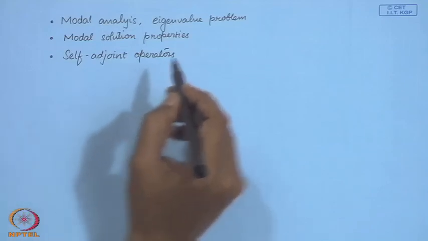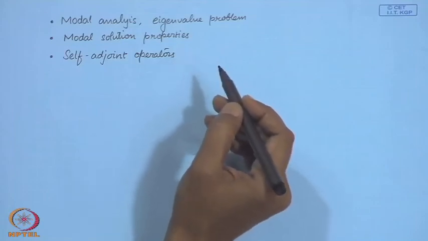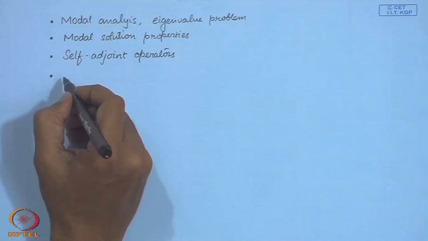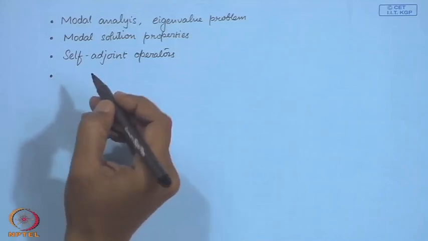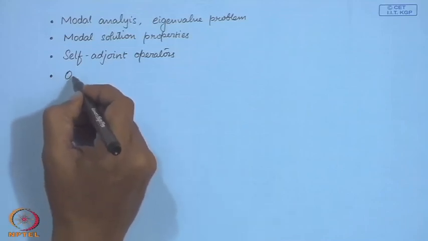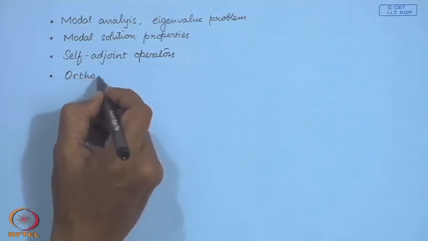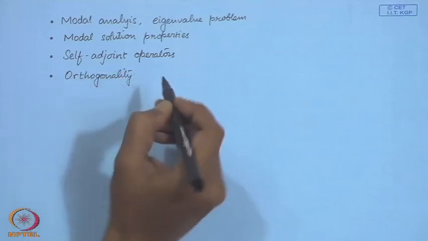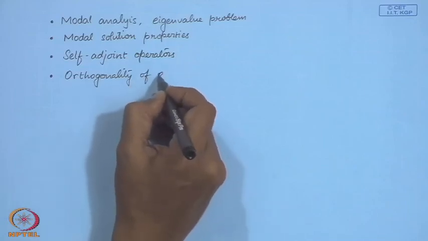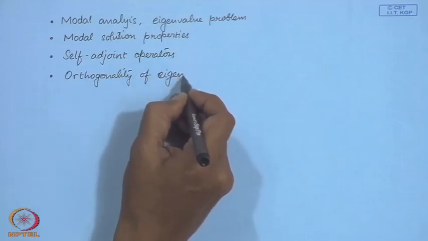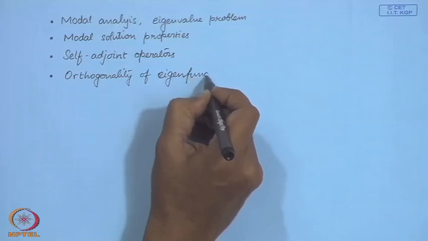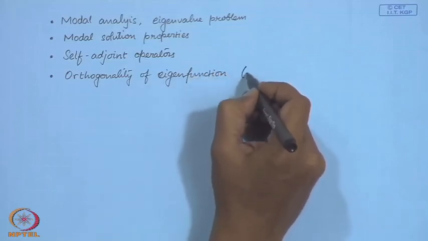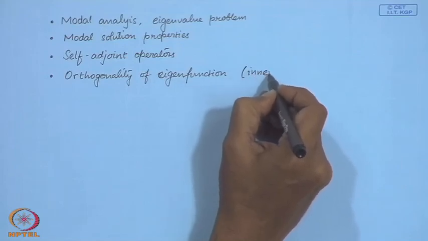These are real eigenvalues and real eigenfunctions. Then we discussed the orthogonality property of eigenfunctions, and we have determined the inner product.